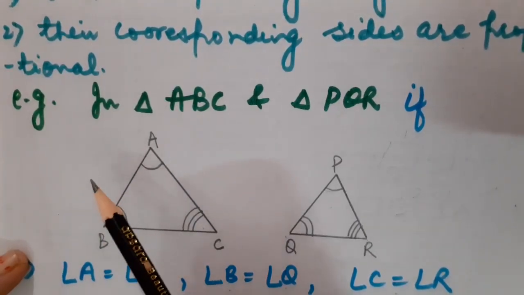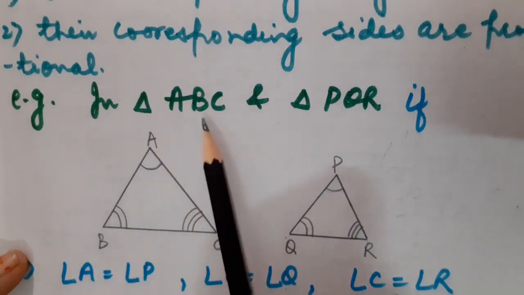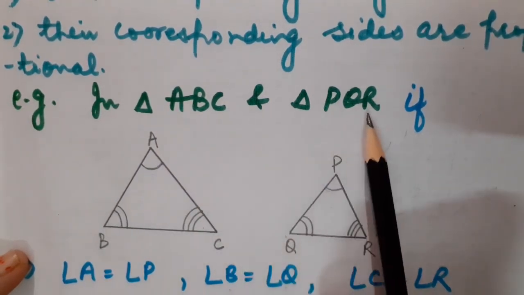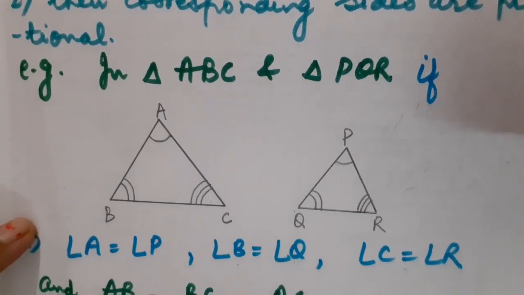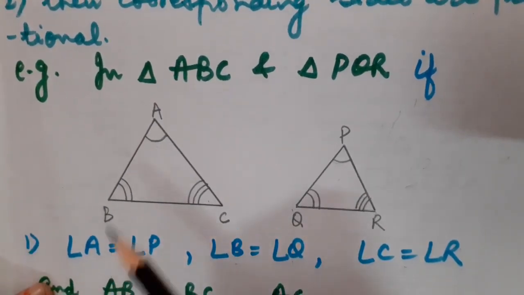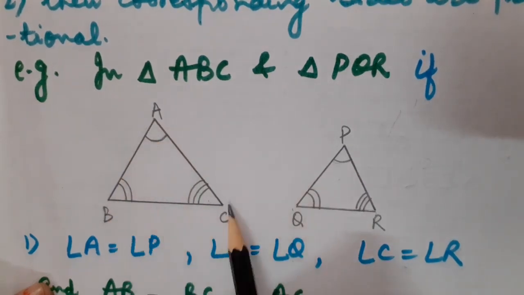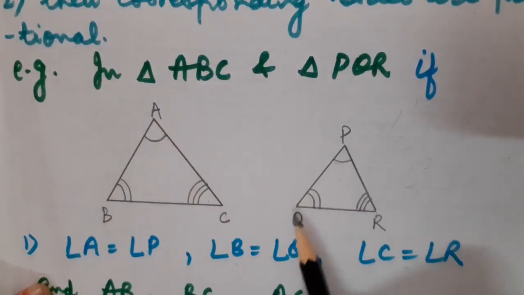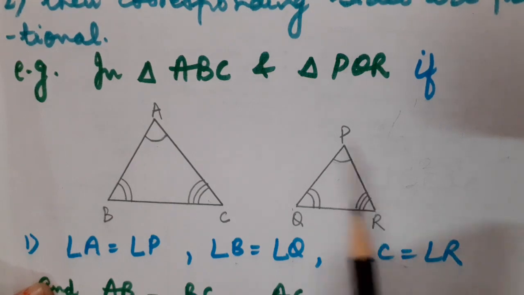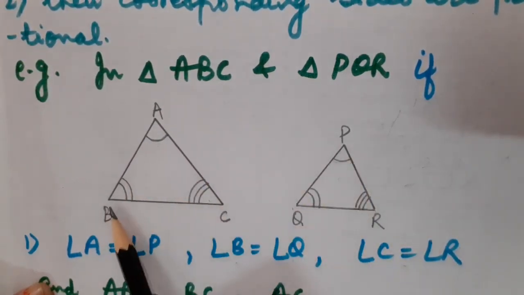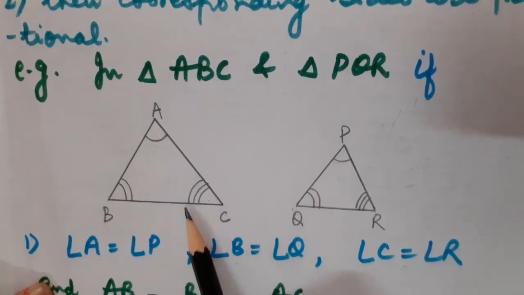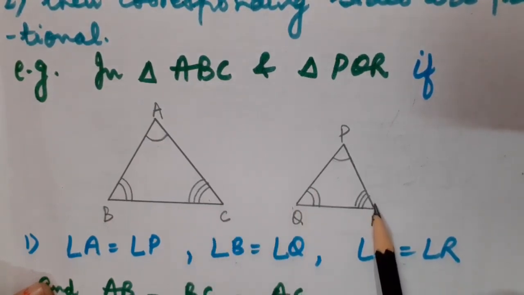For example, here I have taken 2 triangles, triangle ABC and triangle PQR. Here are the figures of both the triangles. Children, here you can see that this is triangle ABC, the very first triangle, and this is triangle PQR, another triangle. Here angle A is equal to angle P, angle B is equal to angle Q, and angle C is equal to angle R. Fine.